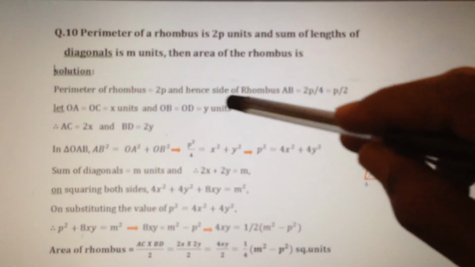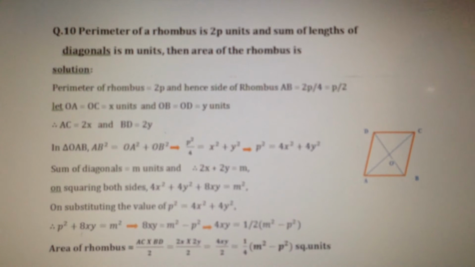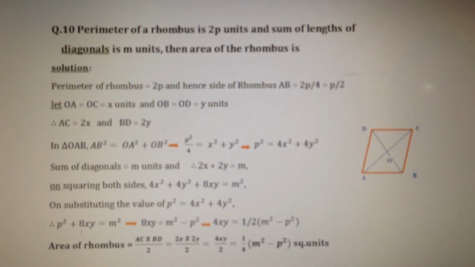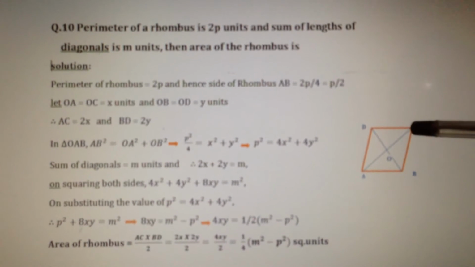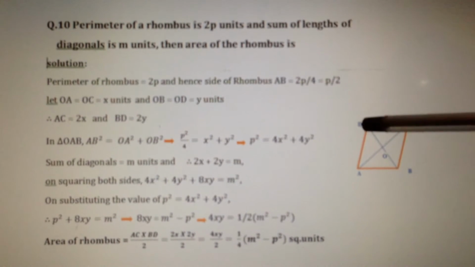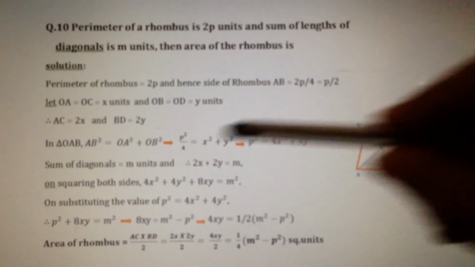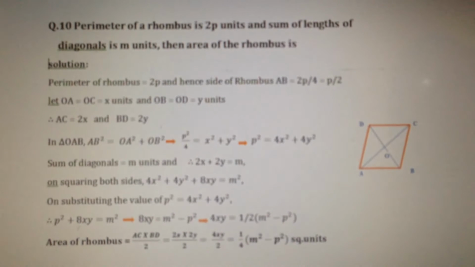Therefore, each side or AB is equal to 2p by 4, which is p by 2. Now let us assume that OA is equal to OC is equal to x units and OB is equal to OD is equal to y units. Therefore, AC is equal to 2x and BD is equal to 2y.